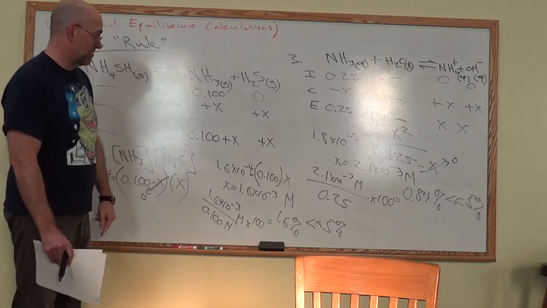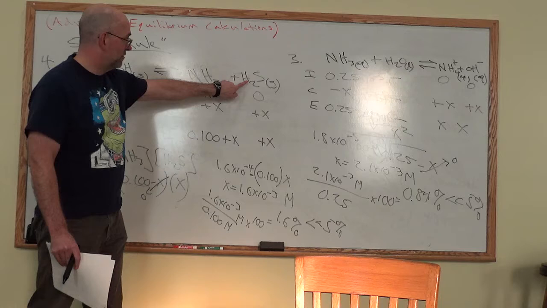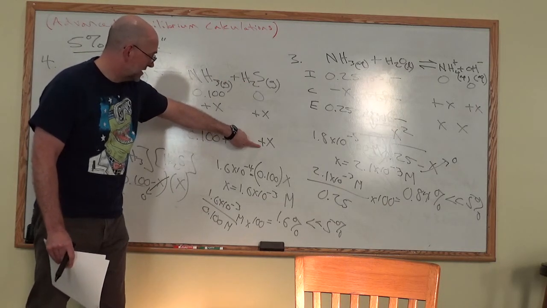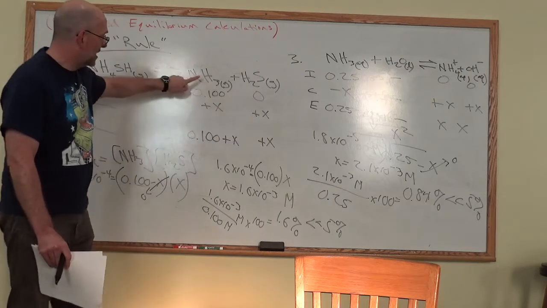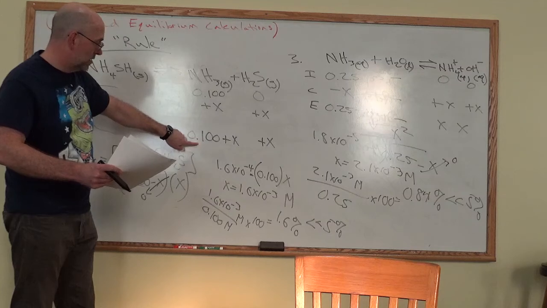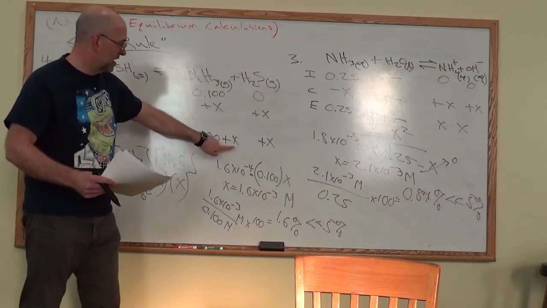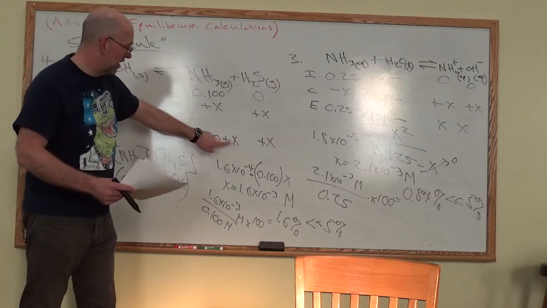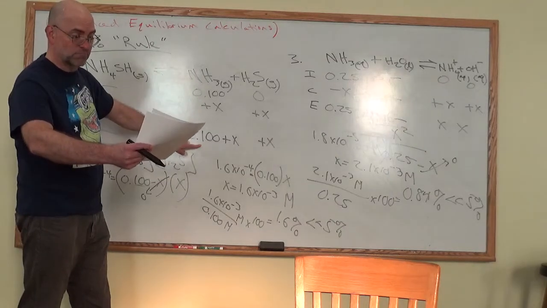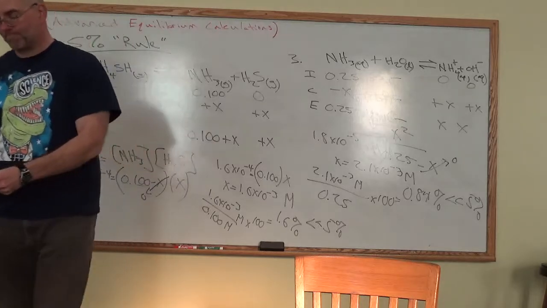The equilibrium concentration of dihydrogen sulfide would be 1.6 times 10 to the minus third molar, and the equilibrium concentration of ammonia would be 0.102 molar, because when you add this plus x, you'll get 0.102 molar. So we'll add to it some. Okay, so that's another 5% rule problem.